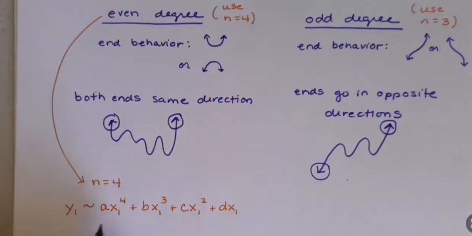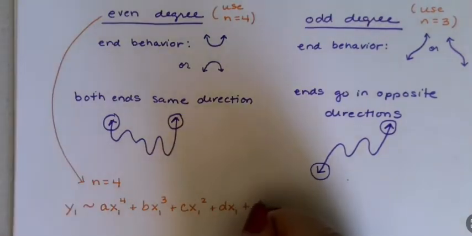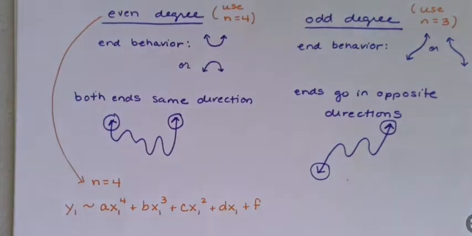We're just doing all the powers from 4 on down, plus a constant term, which I'm going to call f. We do want to avoid using e here. You may have remembered from another class, e is a special number in math, right? It's Euler's constant. We're going to be talking about it more in the next unit, but e means something special in math, so don't use e as a variable. Use f instead.